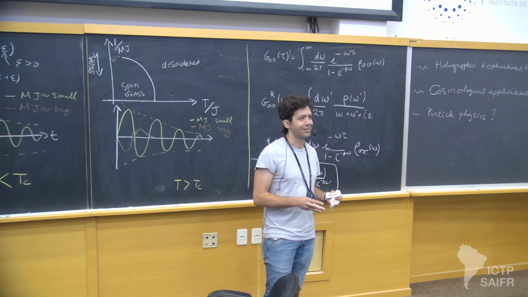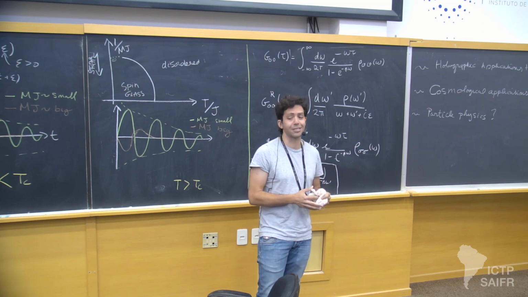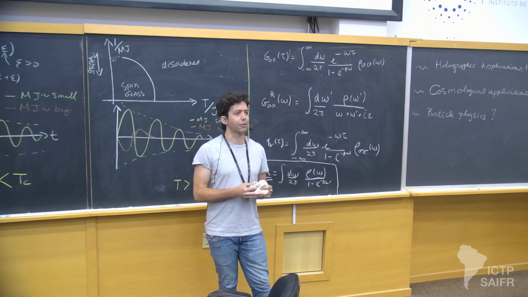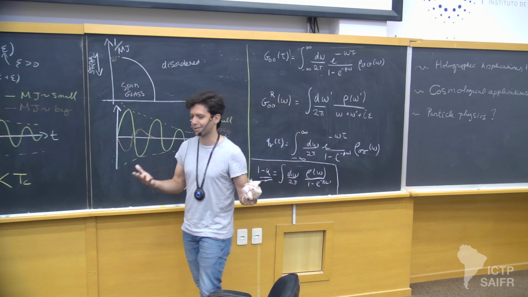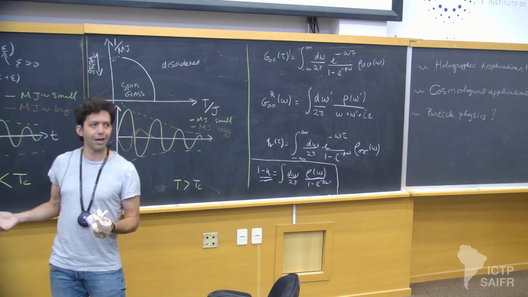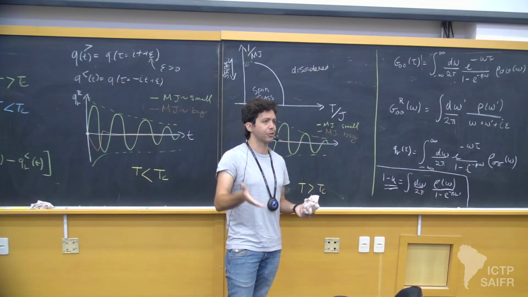But is it just a mathematical trick? It's a mathematical trick. Is there an interpretation to that, the same as when you try to compute entanglement entropy by first introducing Renyi entropies? You replicate your system n times, you try to understand the analytic structure as a function of n, and then take n to 0.